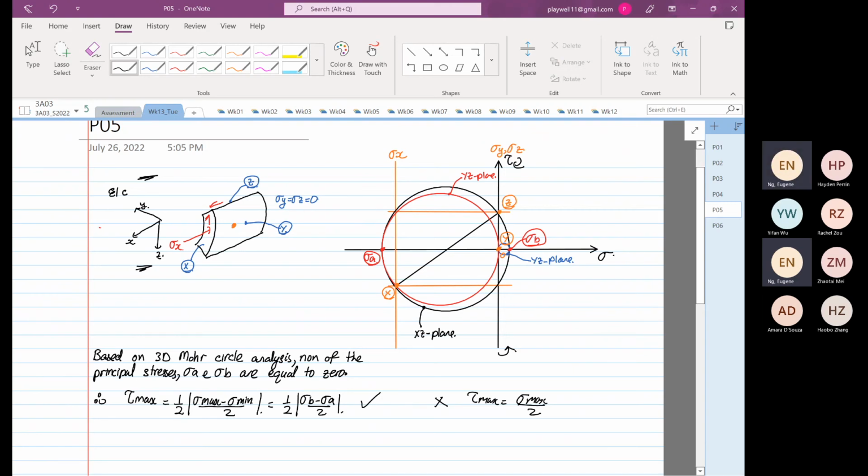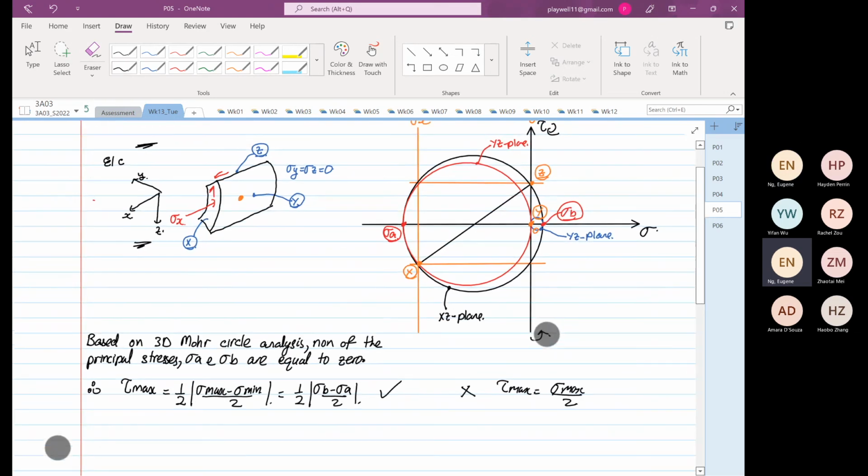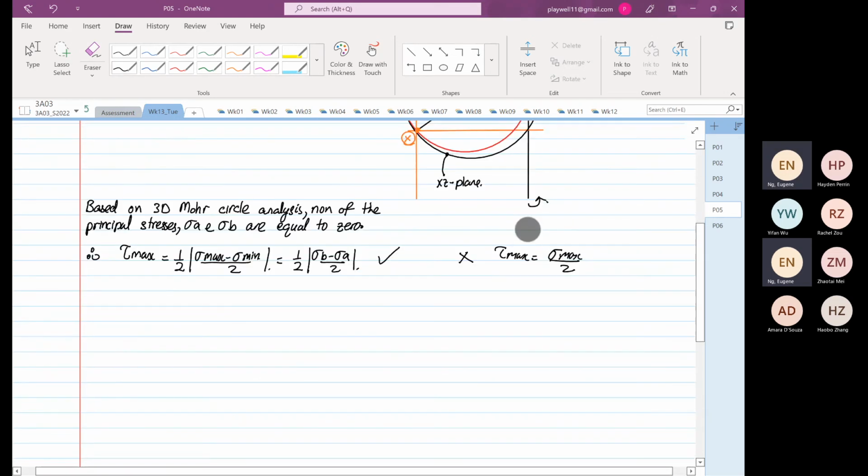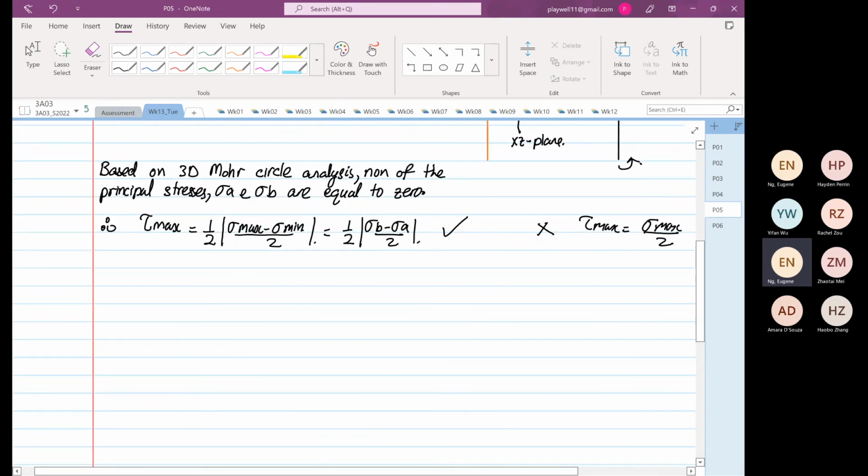So now after knowing this, we have to determine stress max and stress min.